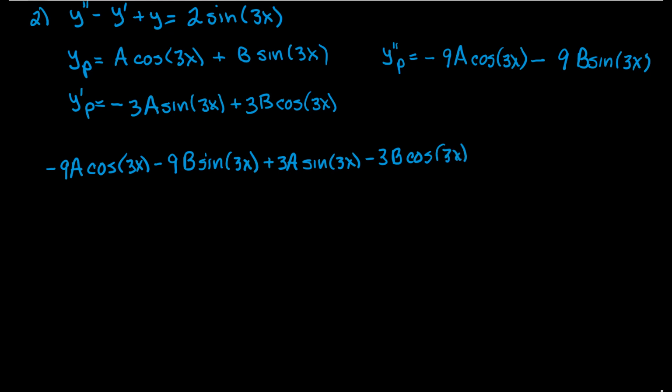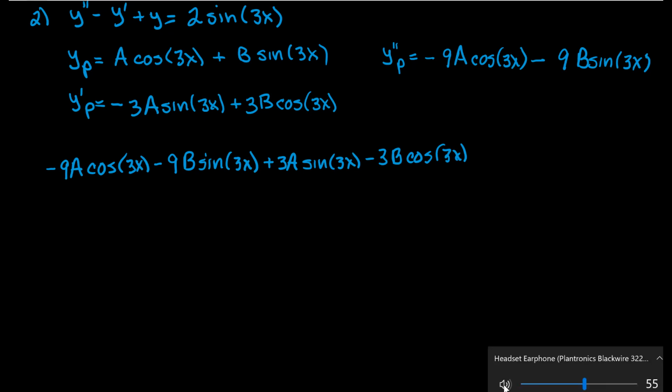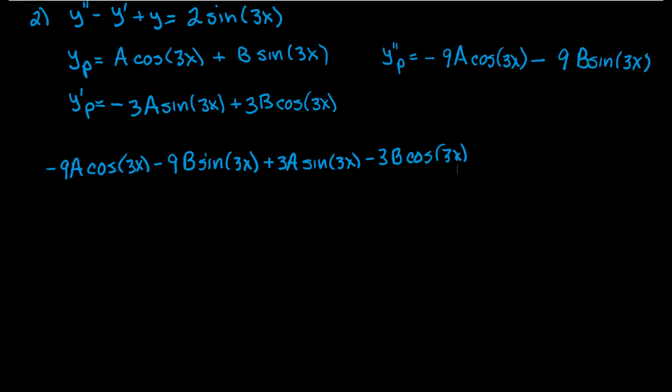And then the very last thing I'm going to have here is just the function itself, the proposed function, which is going to be plus a cosine of 3x plus b times the sine of 3x. And this is all supposed to add up to 2 times the sine of 3x.